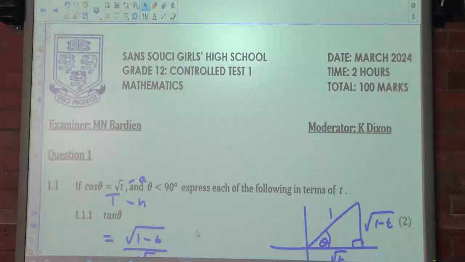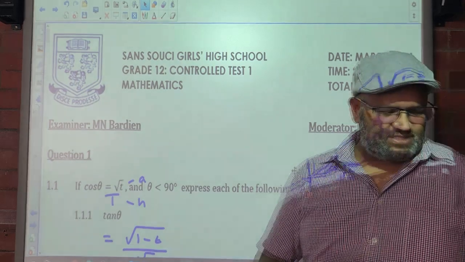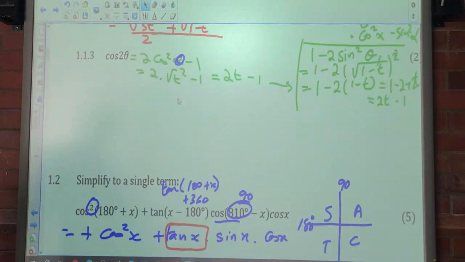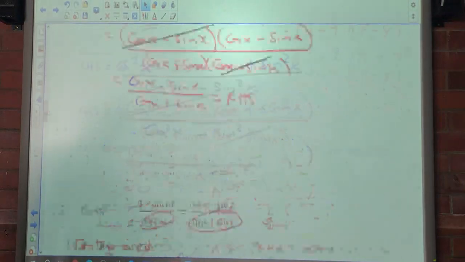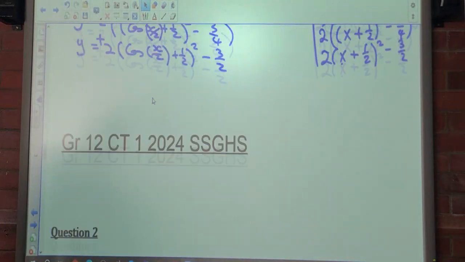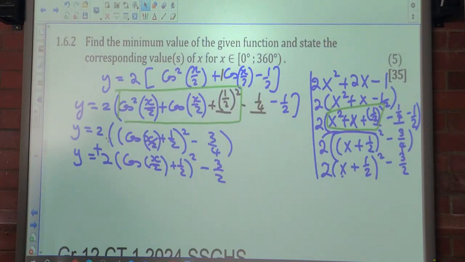Okay, good afternoon class. So we're just continuing with this paper that we started with yesterday, as we knew we were going to run out of time. So hopefully we'll finish it up today. So at this point we're at 1.6.2.